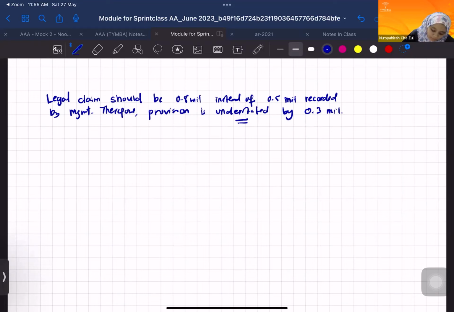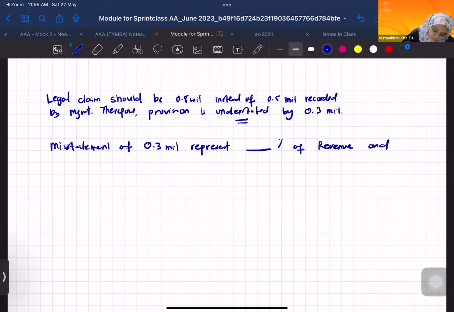Now step 2, materiality. Misstatement of 0.3 million represents how many percent of revenue and how many percent of total asset. Don't forget to justify. Hence, justify, then conclude.